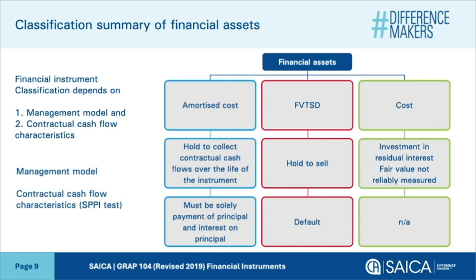If the business model is to hold to sell, then the default classification of the financial asset is at fair value through surplus or deficit. If the financial asset is an investment, residual interest, and the fair value cannot be measured reliably, then the financial asset is classified at cost.